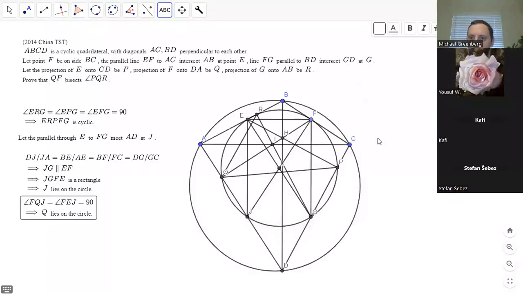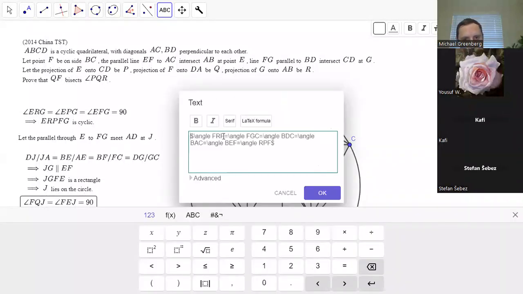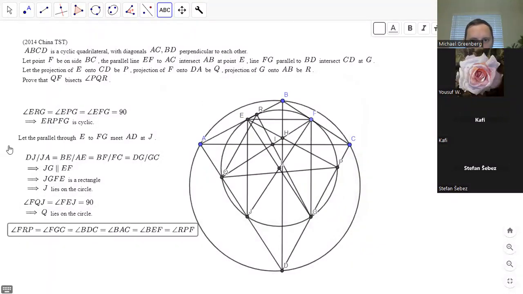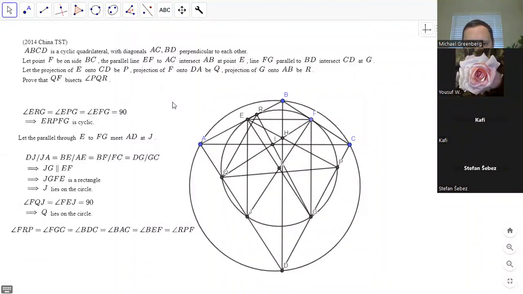And then I'll do Stefan's angle chase. And that should solve the problem. So angle FRP equals FGC, which is BDC, which is BAC, which is BEF, which is RPF.